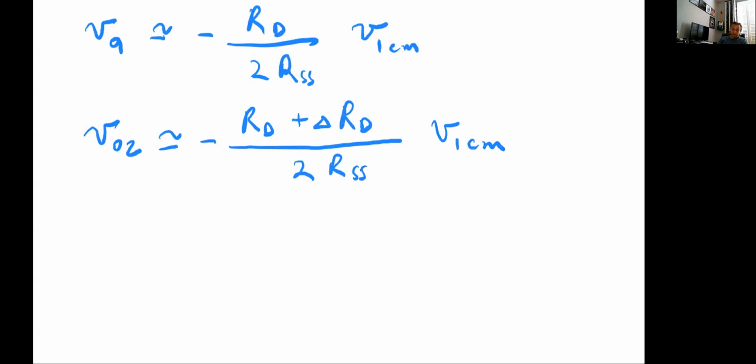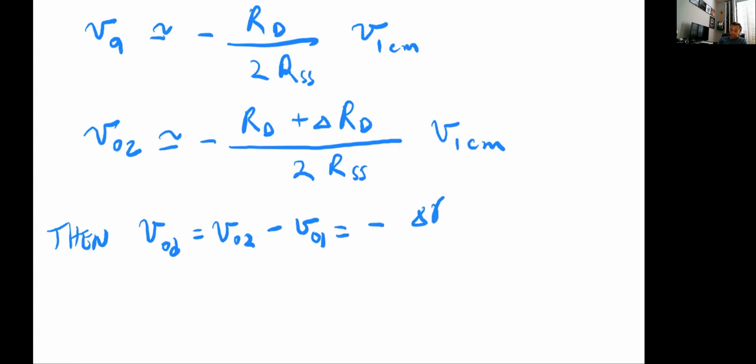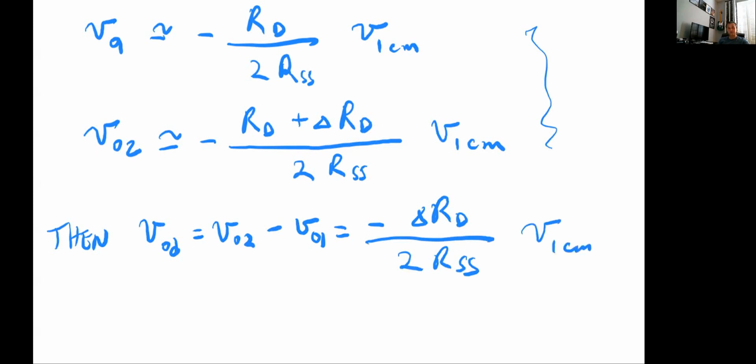And then we're going to take the differential output. So that's going to be minus delta RD over 2 RSS times the input common mode voltage, when you go through the difference of these two.